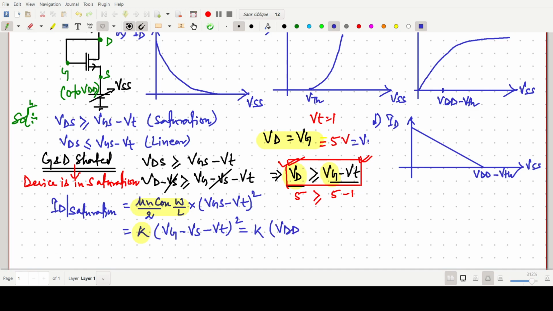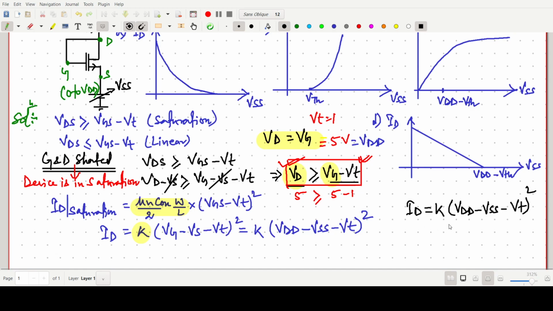The source voltage is over here, VS, so make it VSS. So the expression is ID equals K times VDD minus VSS minus VT whole square.